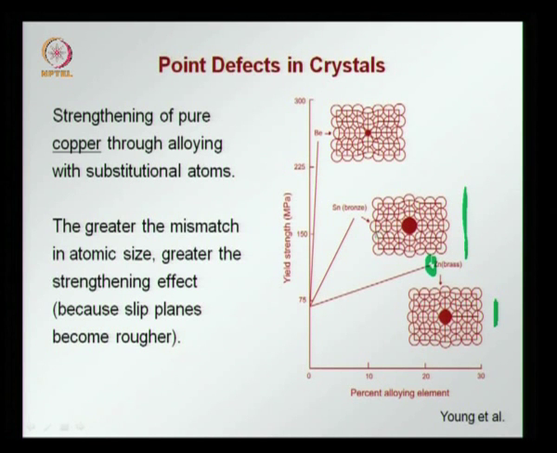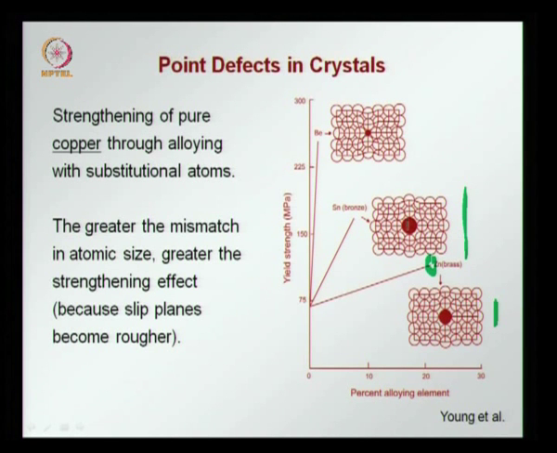One is that this imposes a lower limit on how much tin can be introduced in copper to give you bronze. Beyond a certain limit, here it looks like about 8%, the system becomes unstable.